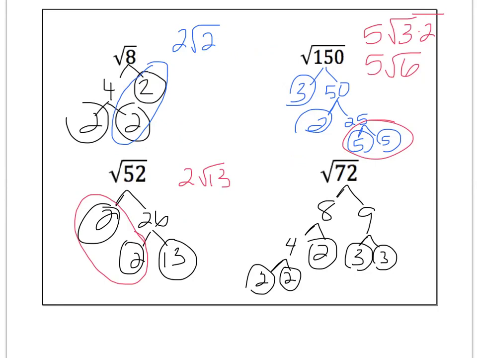In this case, I've got one pair, two pairs, so two buddies. Those numbers get written outside the square root once. The lonely 2 stays inside. And then I say 3 times 2, 6, square root of 2. All right, we're going to continue practicing this and also use it with the Pythagorean theorem.